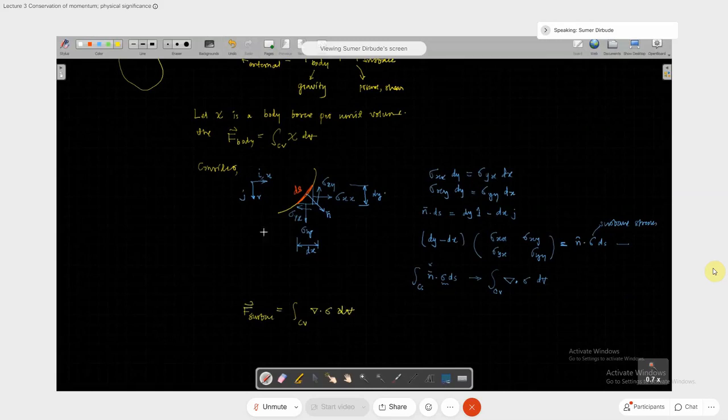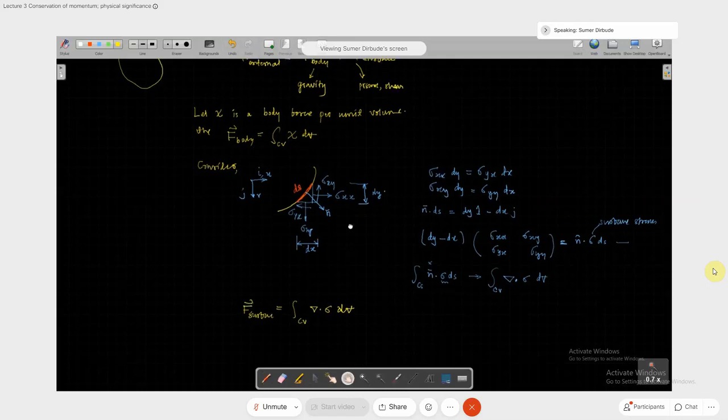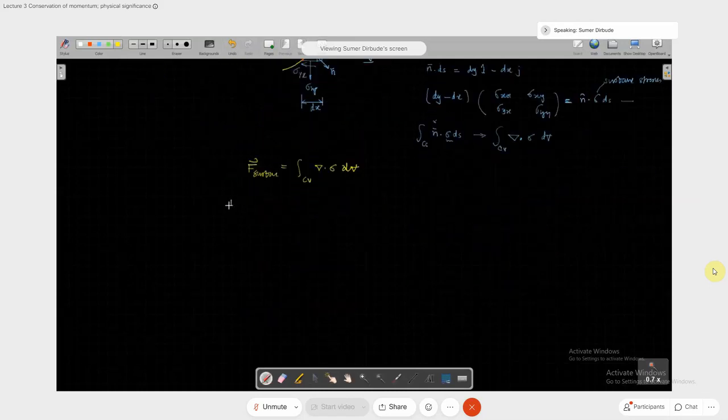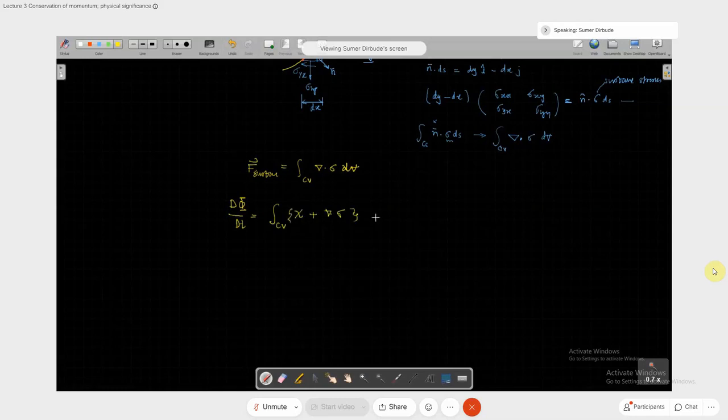If we add this to the previous equation, you can write d capital phi by dt is equal to the integral over the control volume of chi plus del dot sigma dv. You can write it like this.